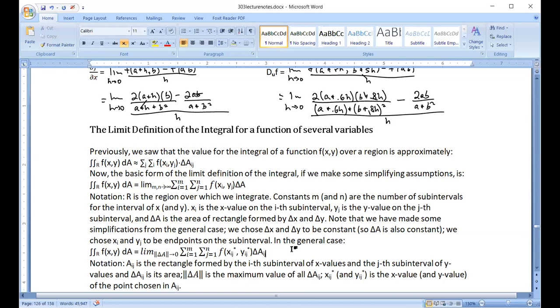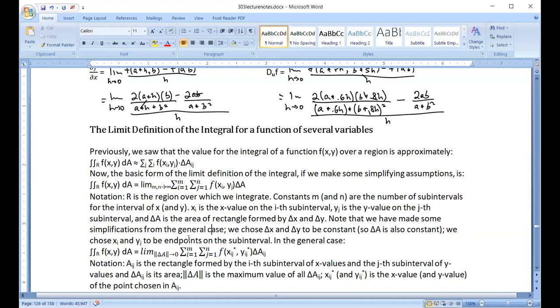Next, on every single rectangle, we're not assuming that xi is partitioned equally. On every rectangle, the x value that you're going to use and plug in could be a different value. So therefore, the ijth rectangle gets its own x value, we call it x sub ij star, and it might get its own y value, we call that y sub ij star. And then we still continue to take the sum over all x values, sum over all y values. Those are the two sums right there.